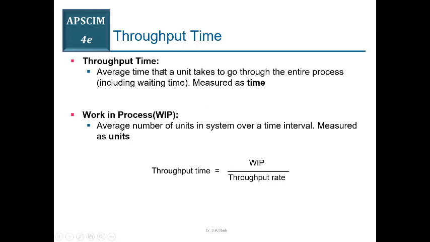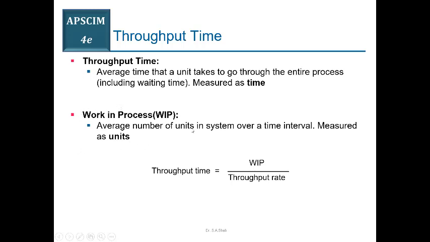And then the throughput time. Throughput time is the total time that a work unit spends within the system during production. So it is the average time that a unit takes to go through the entire process, including the waiting times, and normally it is measured as a time.